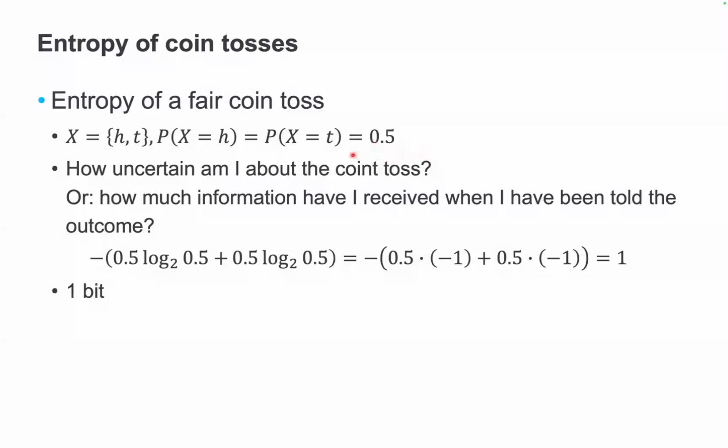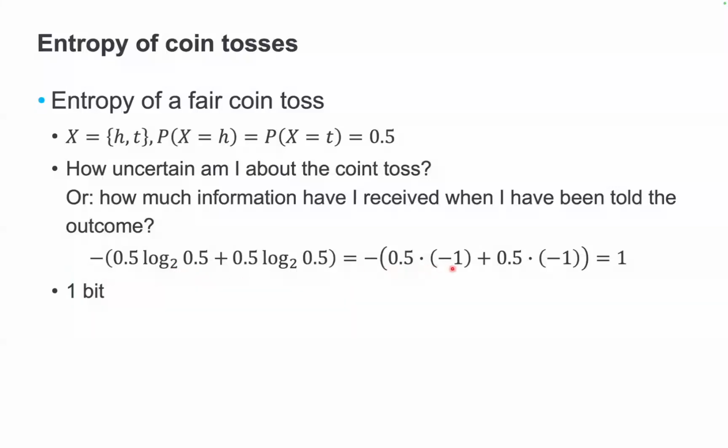So according to the definition of entropy, I have the probability of 0.5 for head times the information content of learning about head, plus 0.5 for tail times the information content that I receive about tail. And we have a negative sign in front of that. Now if I compute this, the logarithm dualis of 0.5 is minus 1.